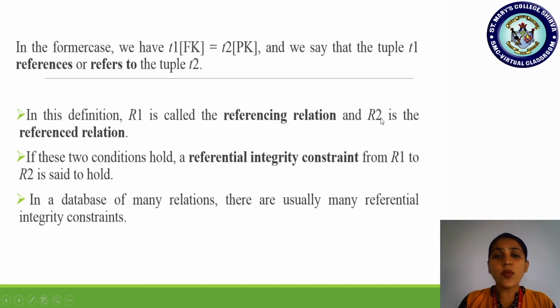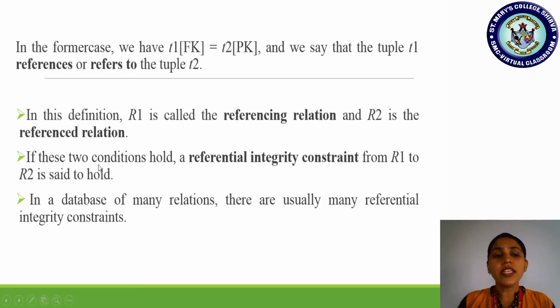And R2 is the department relation, the referenced relation. So the employee working in department number 5 is told in the employee relation, which becomes the referencing relation. Which relation are they referencing? They are referencing the department. So that is called the referenced relation.